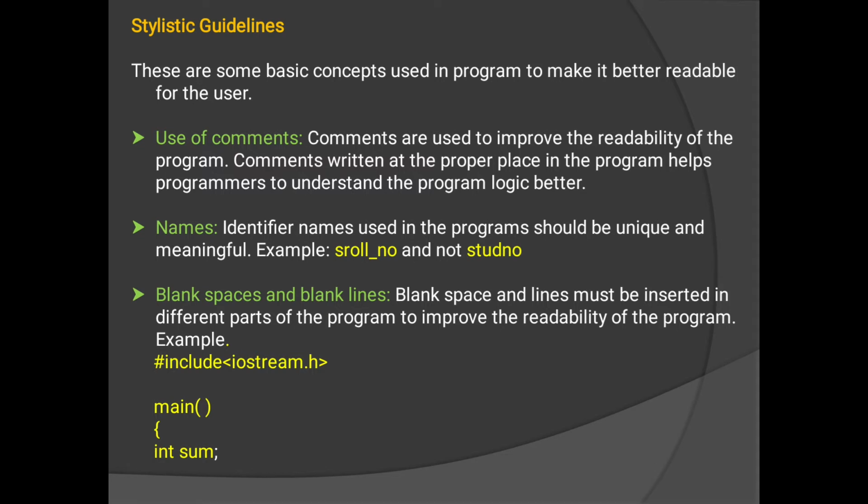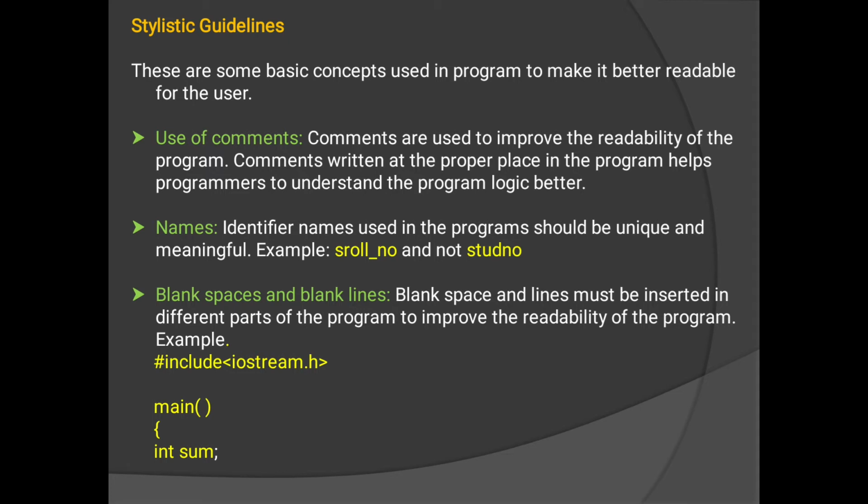Comments are especially useful for programmers when they see complex programs. When comments are written in between the program, programmers get an understanding of what that particular statement is about, what that program logic is about.